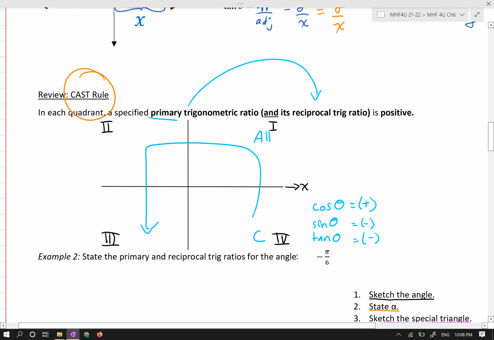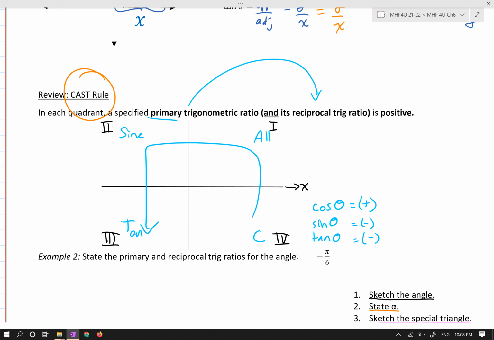A means all the ratios are positive. So if all the ratios, sine, cosine, and tangent, are positive, we're working with positive values. S, our sine ratio, is positive in quadrant 2, and in quadrant 3, we're working with T, our tangent ratio, is positive. So you'll see that in play here as we work through example 2.